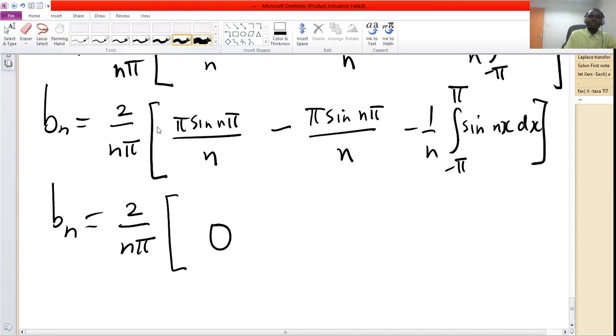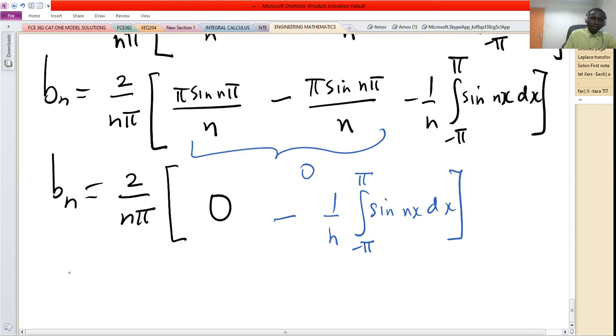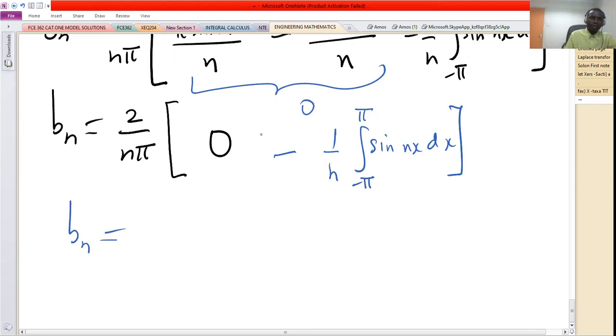So your bn is, from here, minus 2 over n squared pi integral from minus pi to pi of sine of nx dx.